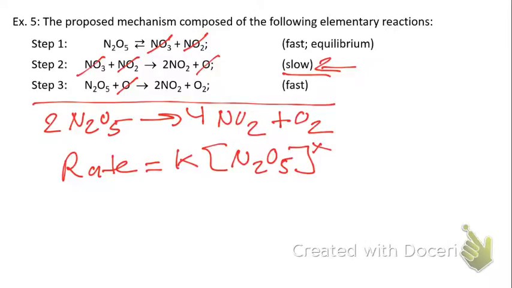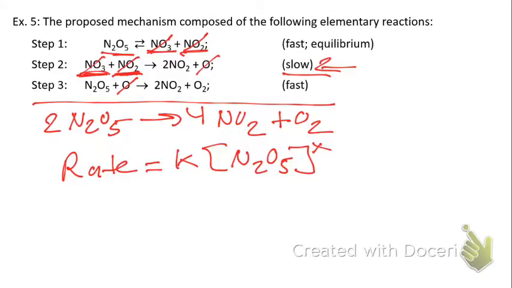Well, in the slow step, neither one of our reactants at all are in our overall reaction. So therefore, neither one of these can be determined in our rate law. But we do know that both of these reactants are dependent upon N2O5 breaking down and making them.